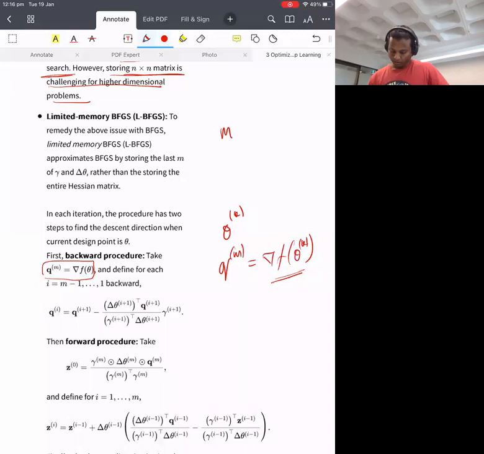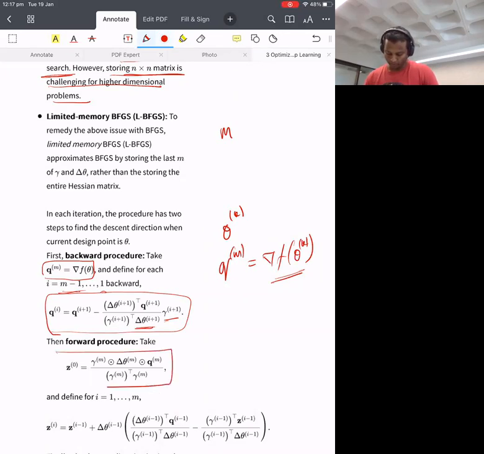And recursively go back from m-1 to 1 and compute qi. It's a backward pass using only the gradient differences and the location differences. Once we have this sequence and you go m steps backward, you construct certain vectors in the forward direction.